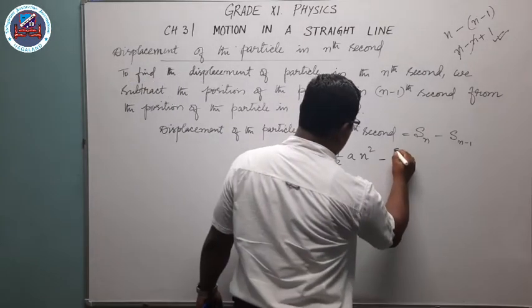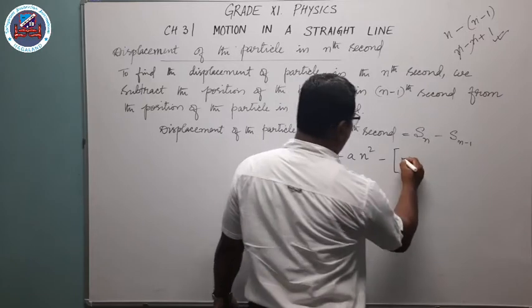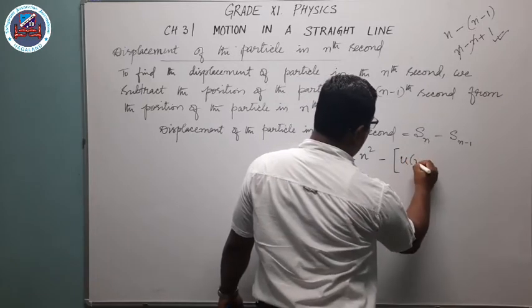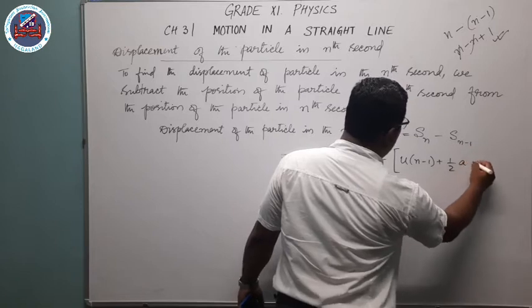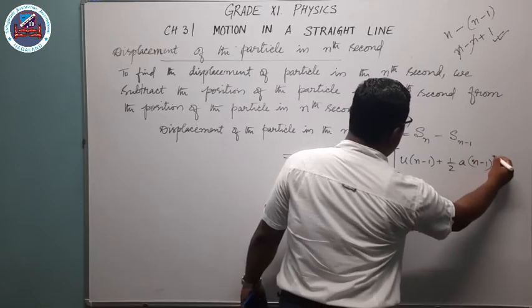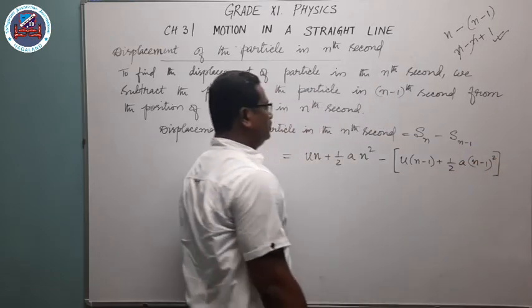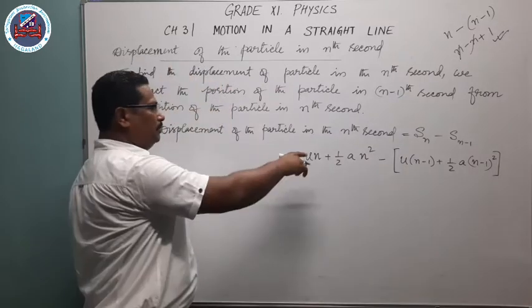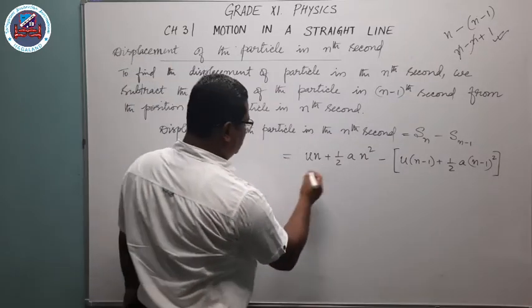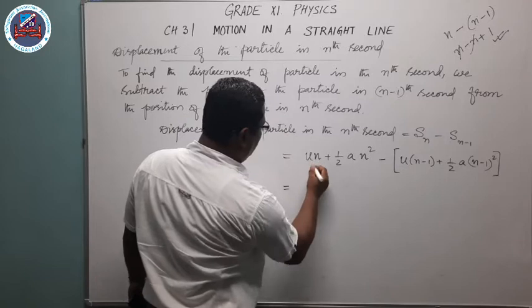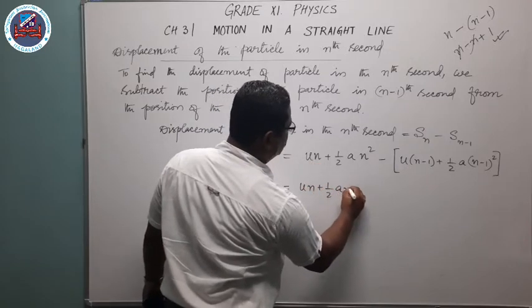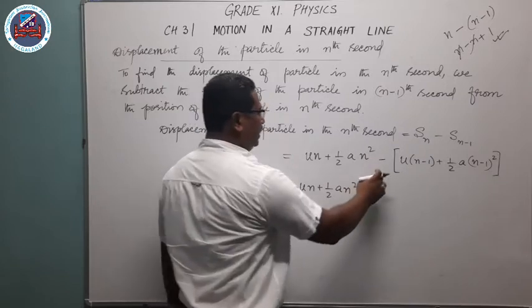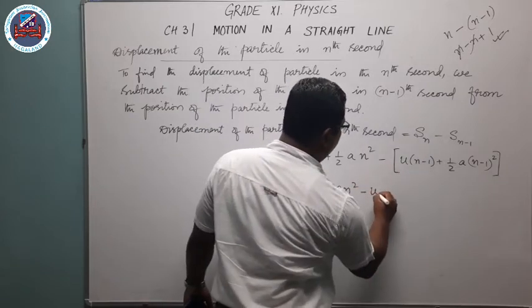Minus, here also same way, ut, time is now n minus 1, plus half of a t square, so half of a (n minus 1) square. Like this you write down. You use the formula for displacement. Then un plus half of a n square, then open the bracket, minus un.